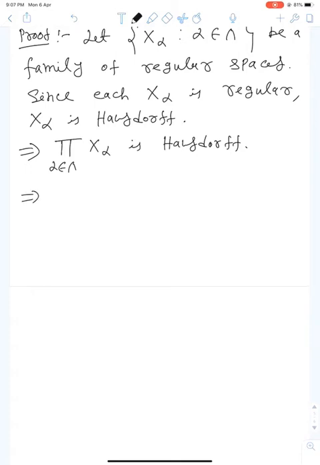That implies that the singleton point, this, which is just x, is closed in that product. Right? So the first property is satisfied. Now we move to the second property. Here, to prove the second property, we will use the lemma which we proved in the last lecture.